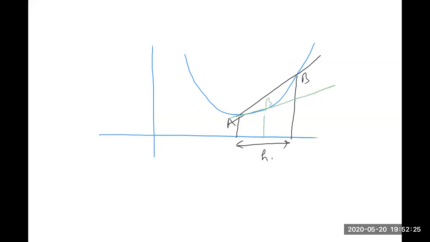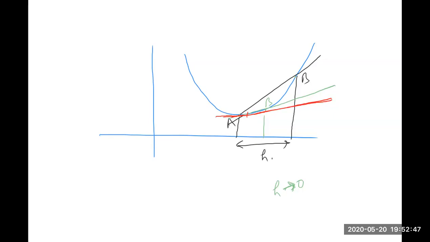If h is approaching 0, not equal to 0, a limiting condition, this is very important. That means this point B is very, very near to A. Then this becomes almost the slope of the curve here, the tangent to the curve.